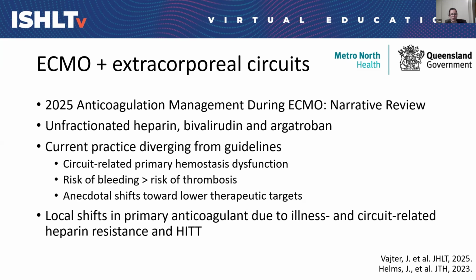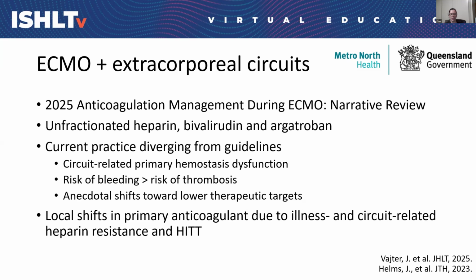With the growing knowledge of primary hemostasis dysfunction directly related to the circuit, involving shear stress forces on platelet function and aggregation and acquired von Willebrand deficiencies, improvements in the hemocompatibility of the circuits themselves, as well as a recognition that bleeding-related adverse events are much more closely related with increased morbidity and mortality than thrombosis-related adverse effects, I think we're seeing a shift towards lower therapeutic targets, which are not necessarily reflected in all of the guidelines.